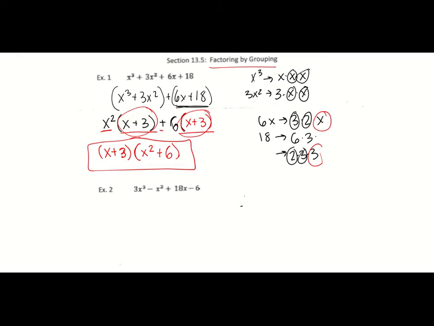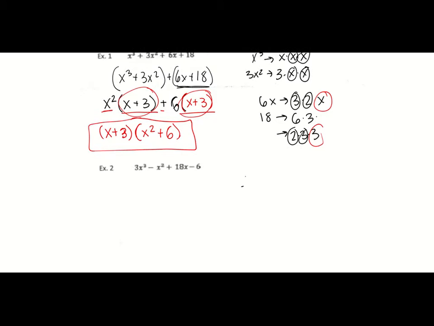by factoring by grouping. So let's look at another one. The basic process is that I'm just pulling out my greatest common factor 3 times. So again, if I rewrite my equation, 3x cubed minus x squared plus 18x minus 6. I'm going to group those up into two different parts.